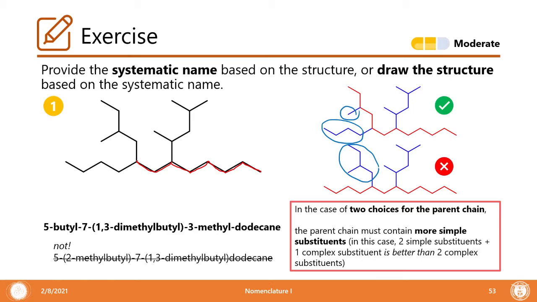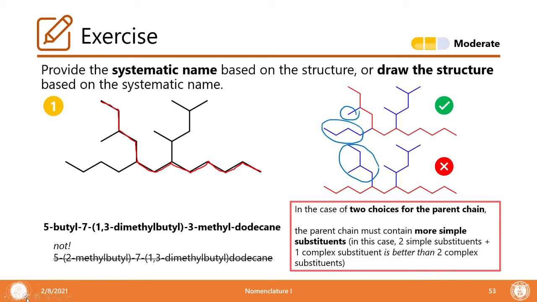But if we approach it through the direction which has a substituent, we will be left with two simple substituents. And so we want to maximize the number of simple substituents. So we have two simple substituents, and then we can continue naming.